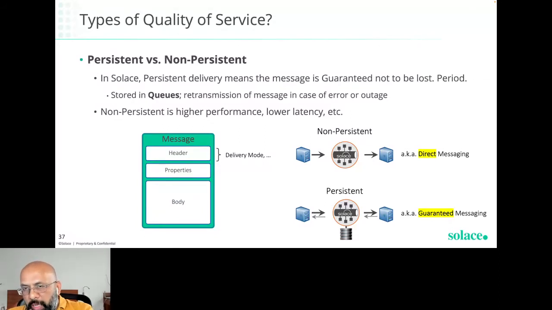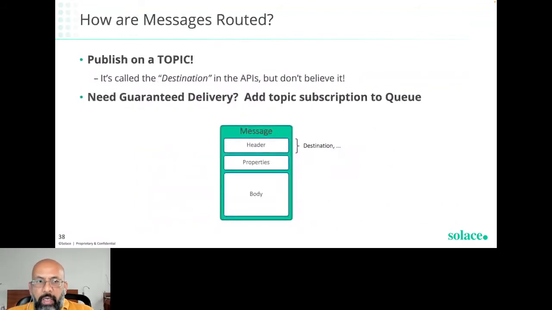Now, as a subscriber client, whether you're connected or not is immaterial. Any messages published on the broker on that subscribed topic will continue to accumulate in the queue. As a client, you can come back anytime. You can stay disconnected, come back later, or connect now. All the events are going to be made available to you. These are all great.